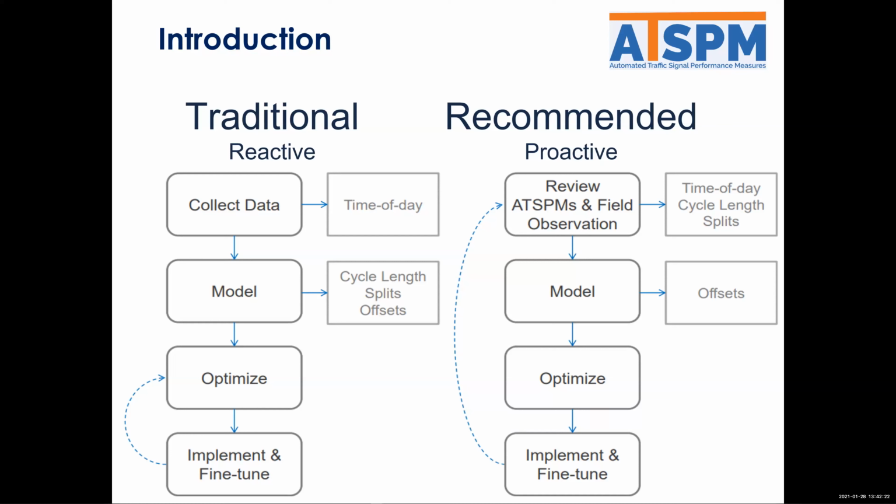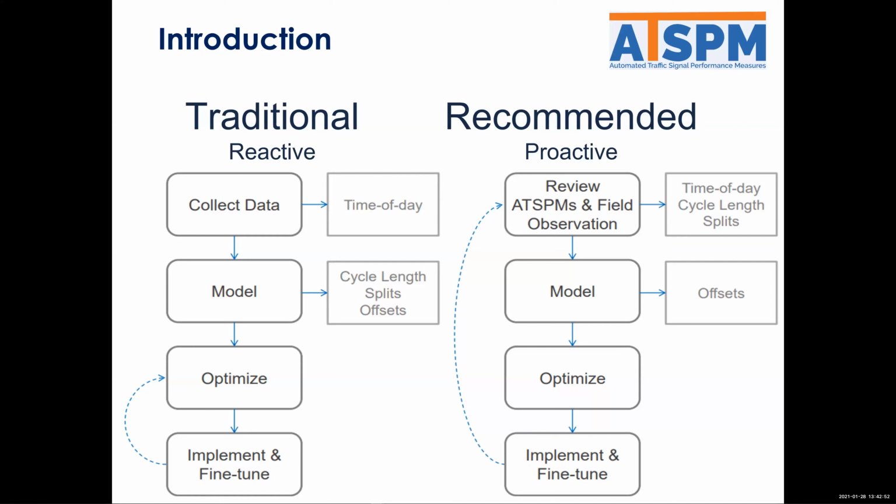What we're seeing with the ATSPMs is that we now have the ability to do all of this in near real time. We can review all the ATSPM data and any field observations that we want to make, and we can run it through a model. This model doesn't have to be Synchro or Vissim anymore; it can be some sort of algorithm or analytics running on the cloud. Timings can be sent down to the controller.